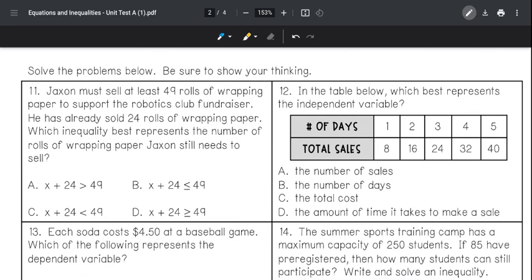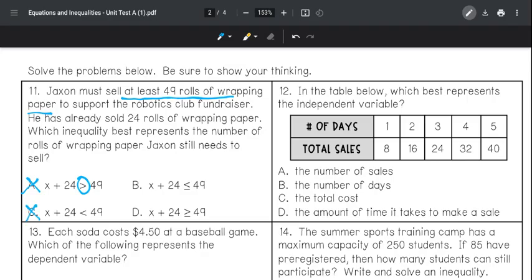Number 11, Jackson must sell at least 49 rolls of wrapping paper to support the Robotics Club fundraiser. When it says at least 49 rolls of wrapping paper, that means it can equal 49 or bigger. A is out because it says it has to just be bigger than 49. C is out because it says that 49 is the max and we have to be smaller.